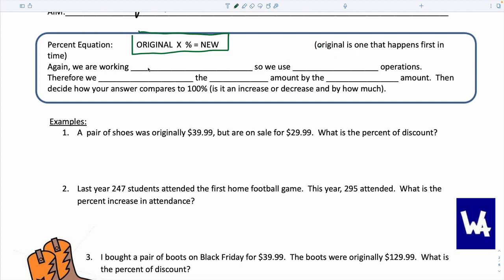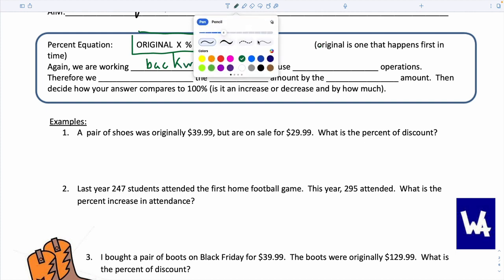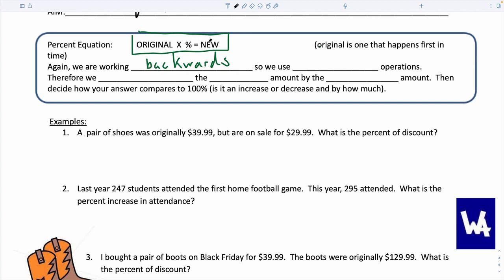So again, we are working backwards, so we use the inverse operation. When we're going from new to original, we use division, the inverse.